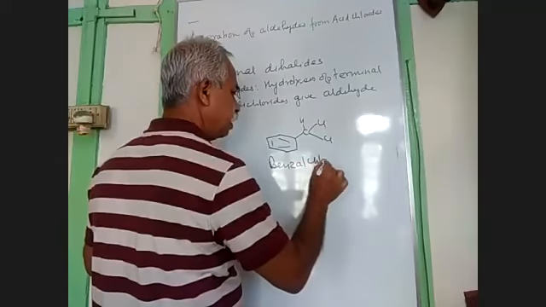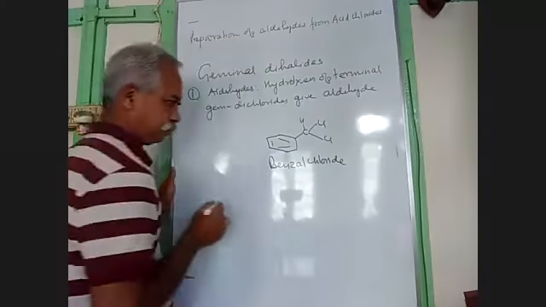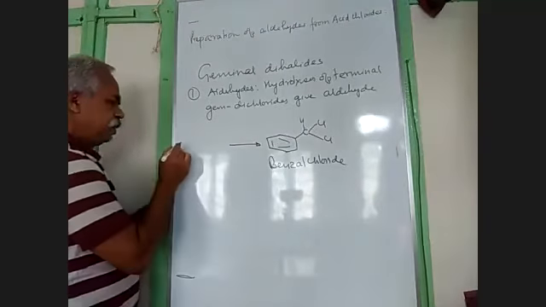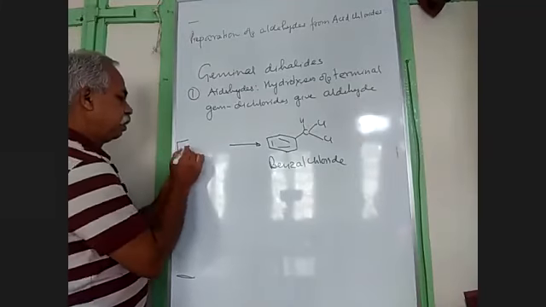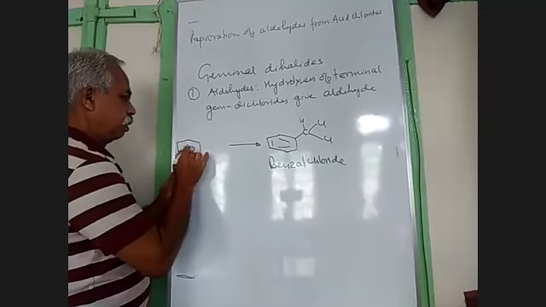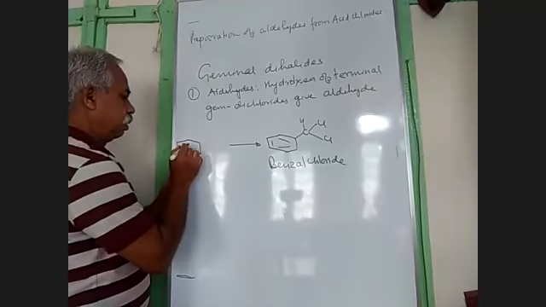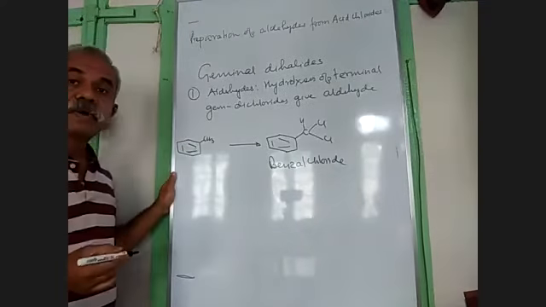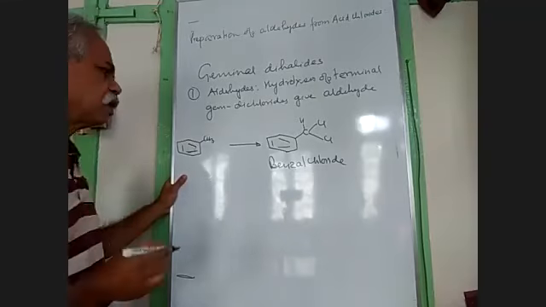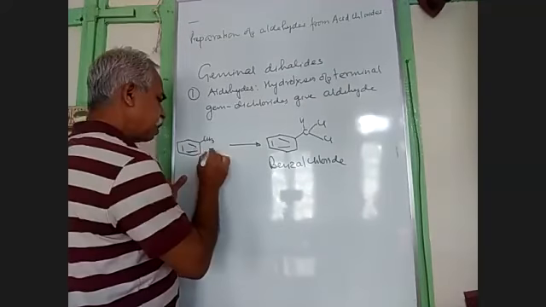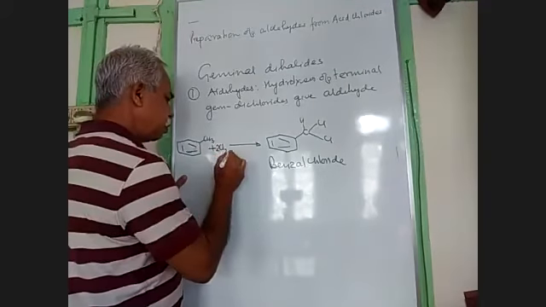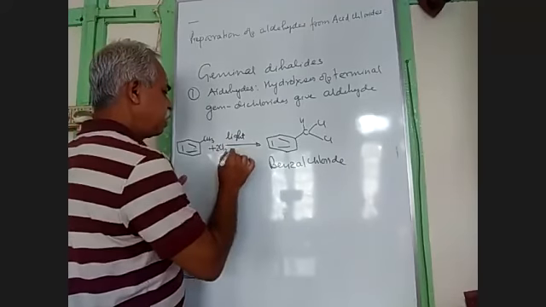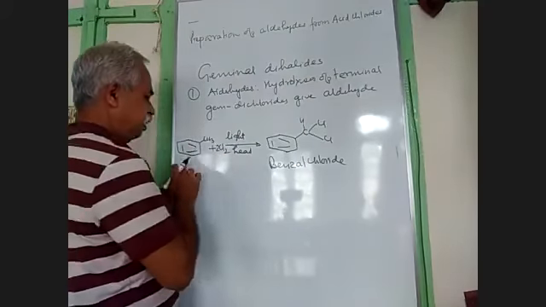How will you obtain it? You can obtain it from toluene. They will ask you, convert toluene to benzaldehyde. There are other methods also, but this is one method. Cl2 in presence of light and heat. You will get this.